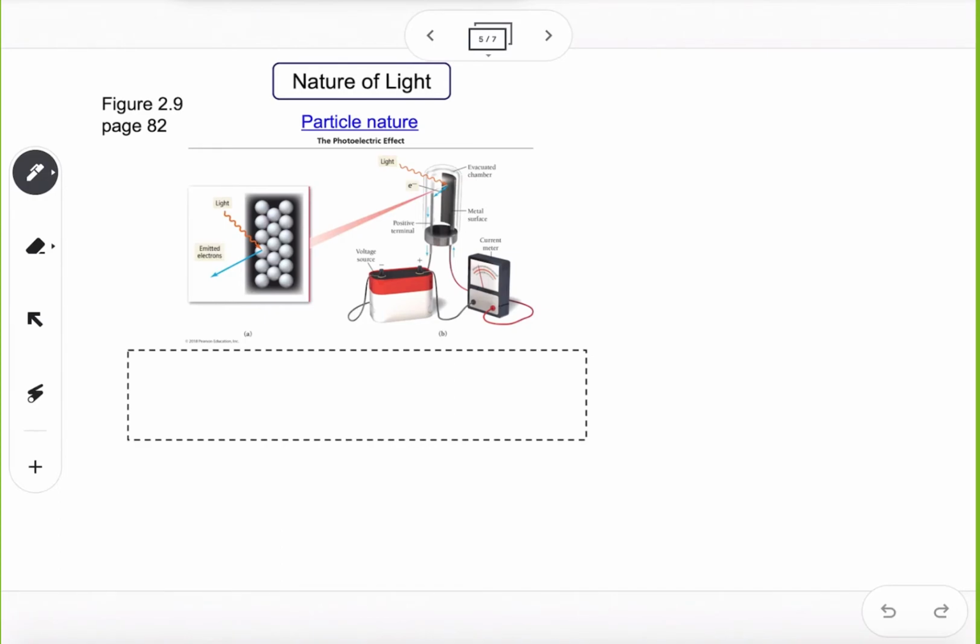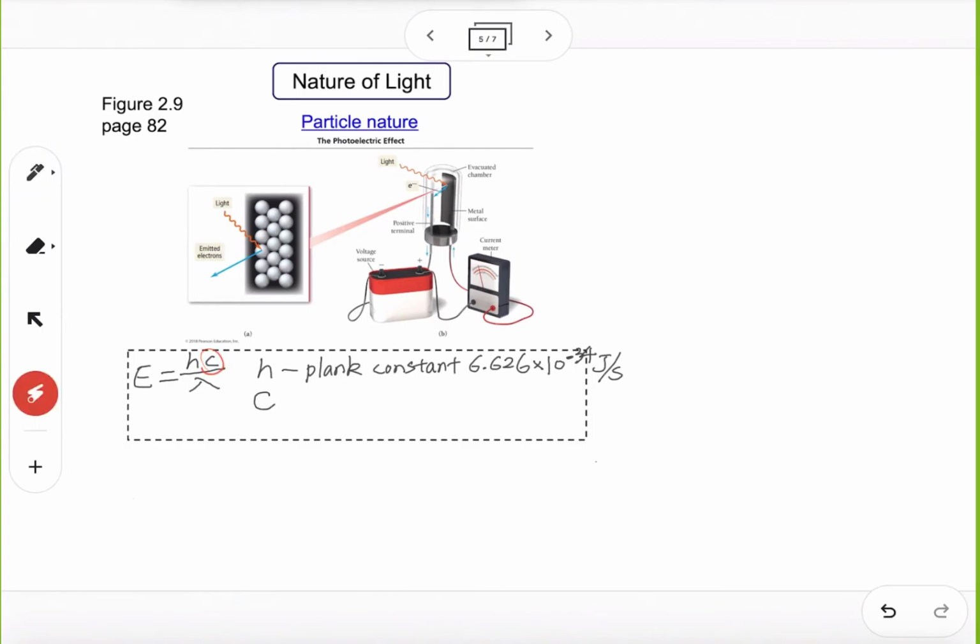For each photon of a light beam, the energy of this photon equals hc over lambda. h is the Planck constant, and that is 6.626 times 10 to the negative 34 joule second. And c here is the speed of light, that is 3.00 times 10 to the 8th meter per second.